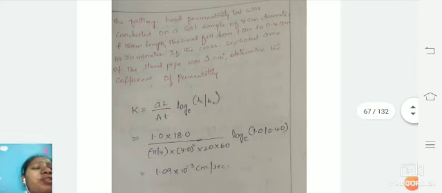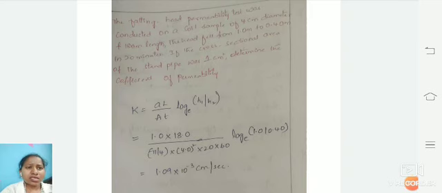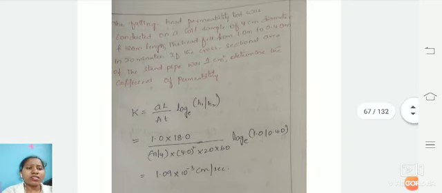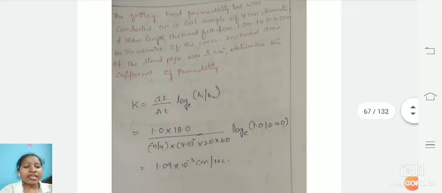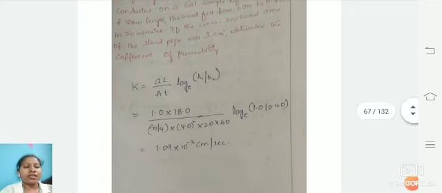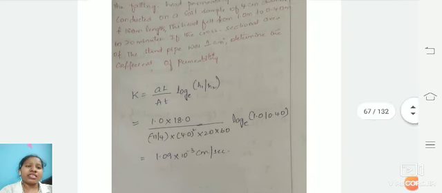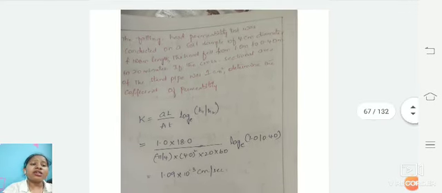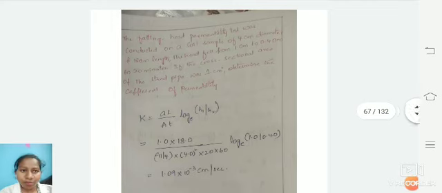The time duration for the particular soil sample given to us is 60, so we are considering 60 here. Then log e of 1.0 divided by 0.4, you'll be getting 1.09 into 10 to the power minus 3 centimeter cube. So by this you are going to determine the coefficient of permeability by the falling head permeability test.